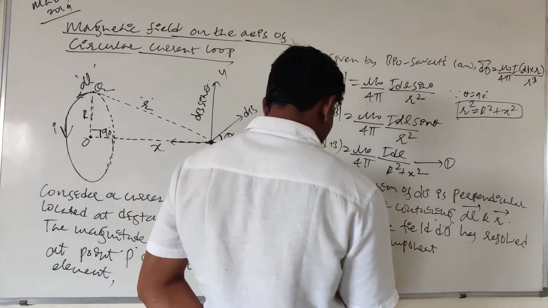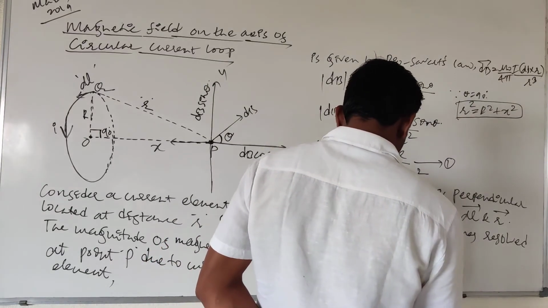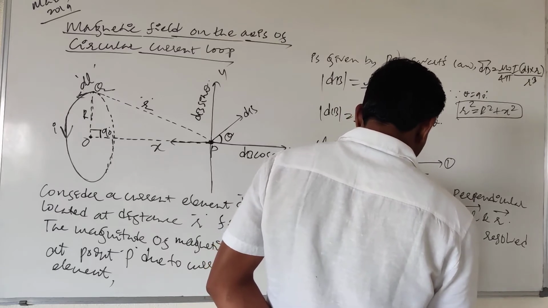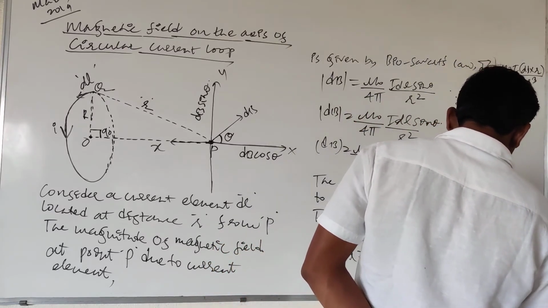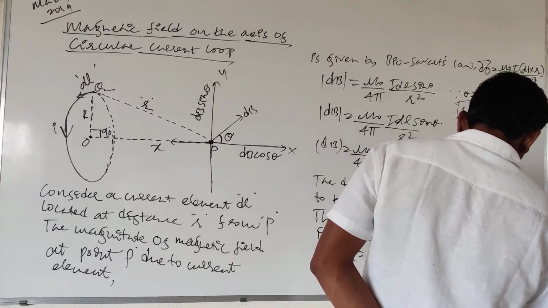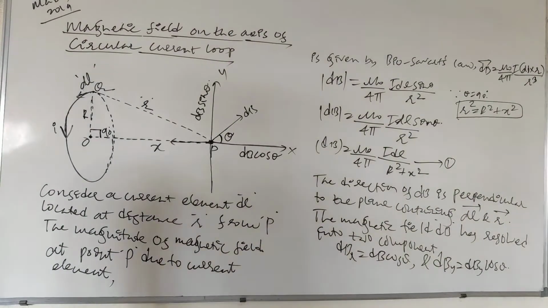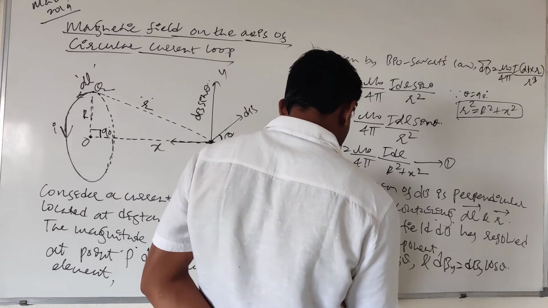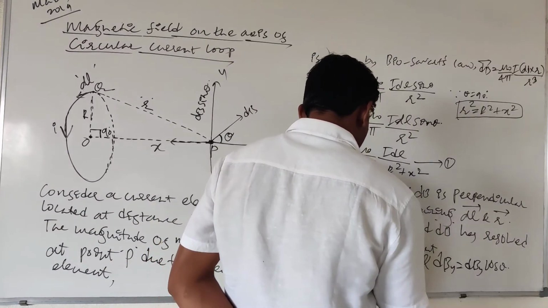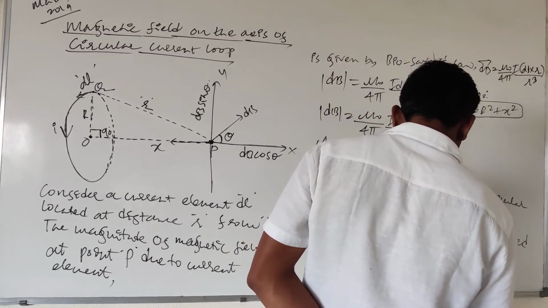Right. Here dBx is equal to dB cos theta and dBy is equal to dB sin theta. Right. So here the y-axis dB component is vanished.